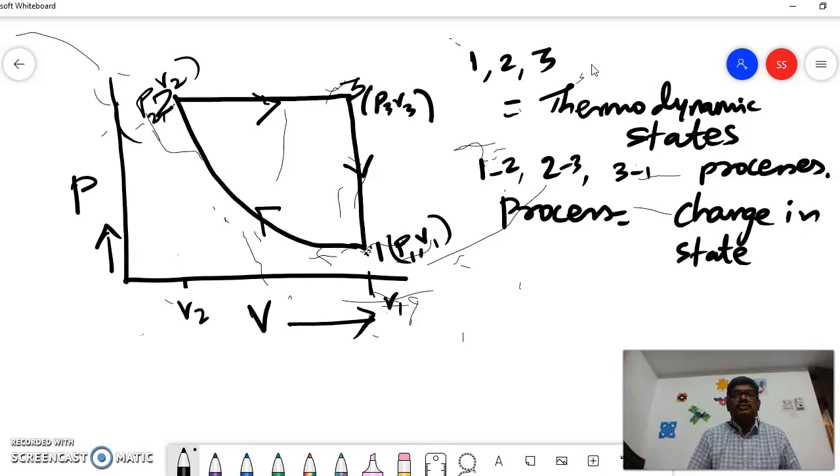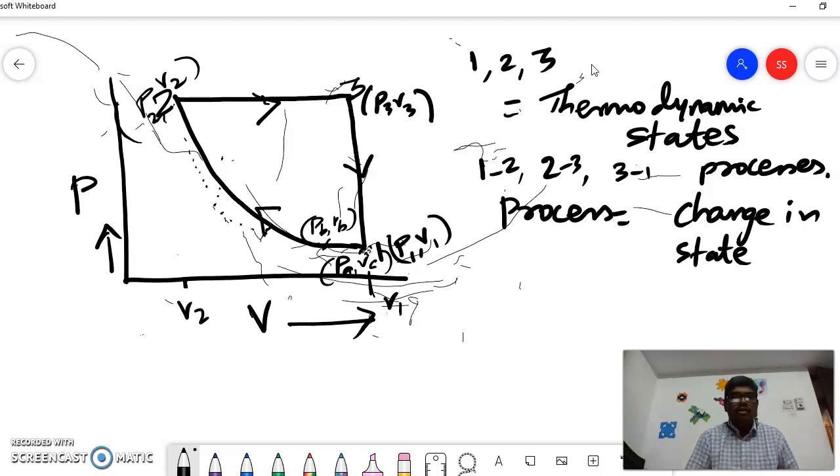During the process, suppose here I take PA comma VA as the coordinates. After some time, it is PB comma VB, and so on. At every interval of time, suppose it undergoes a set of equilibrium conditions from P1 V1 to P2 V2. It is tracing a path.